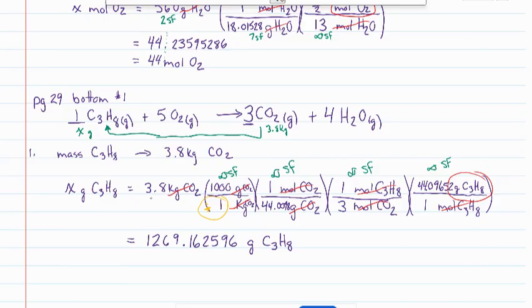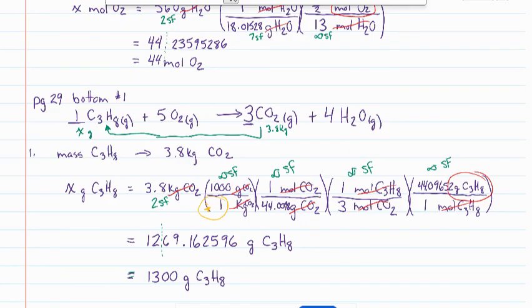This is our only one that has 2 significant figures. In this case, we need to round there because we'd only have 2 left. We look at the number behind it, and it is a 6. So we know that that 6 would bump up the 2, and we would have 1,300 grams of C3H8.